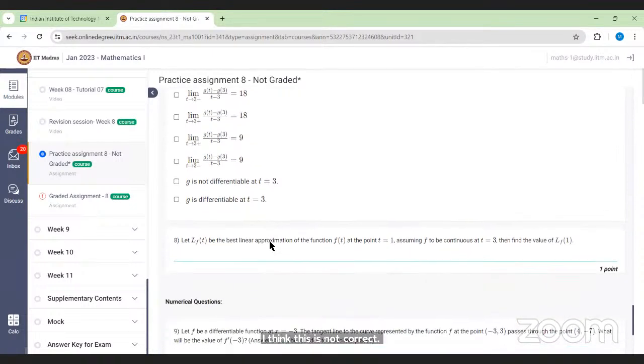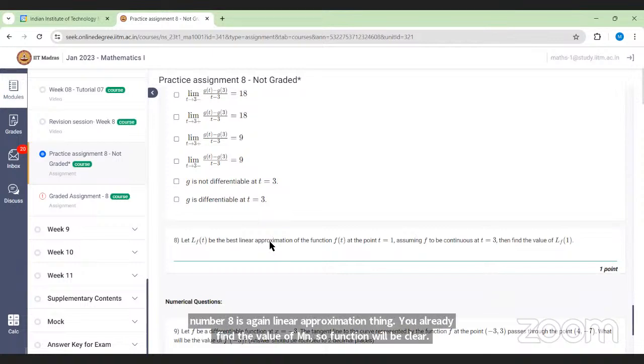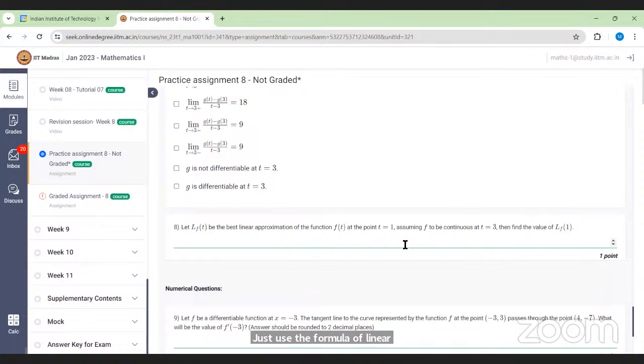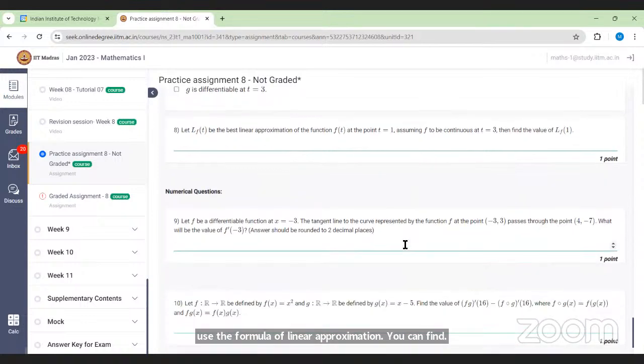Question number 8 is again a linear approximation thing. You already found the values of m and n, so the function will be clear. Just use the formula of linear approximation, you can find it. Okay, L(f) of 1. Right. Question number 9 says, this is the same question we just discussed.